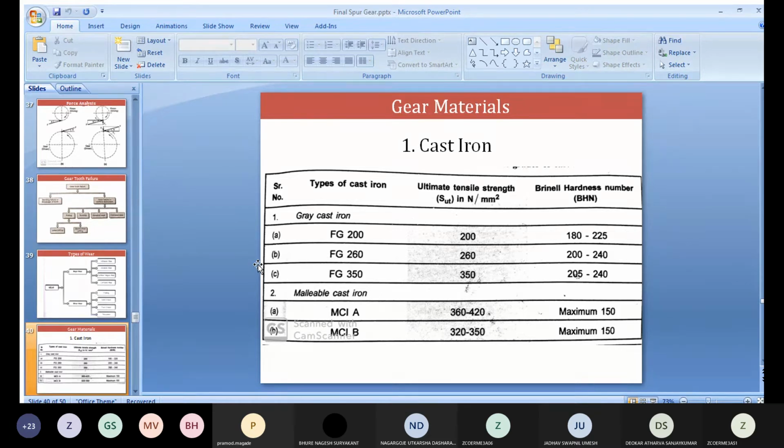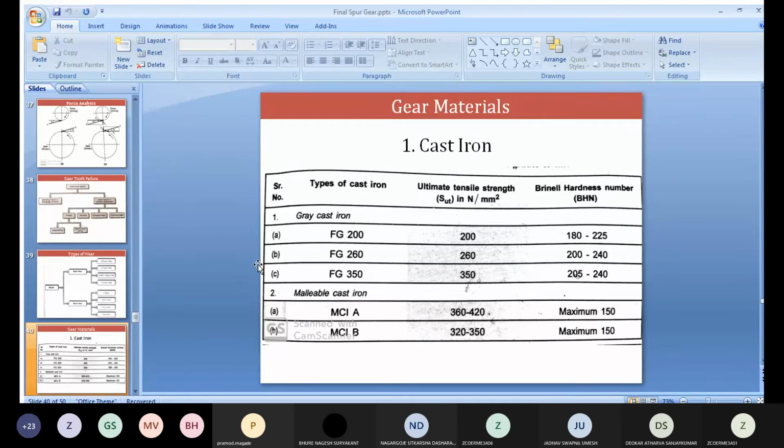So below that, types of the gear materials. In that, first write down cast iron. Below that, write down what is the purpose of cast iron.